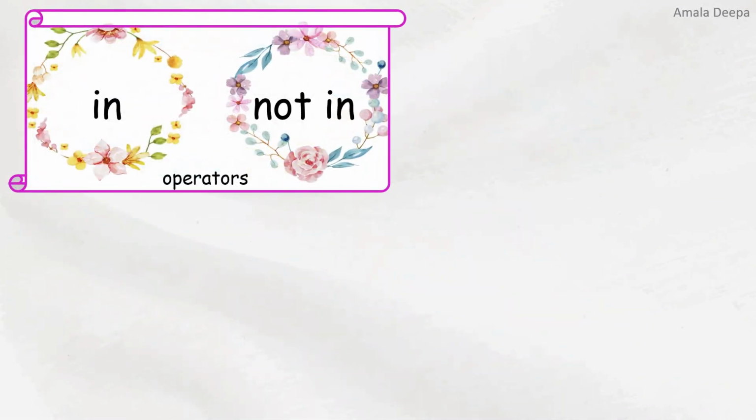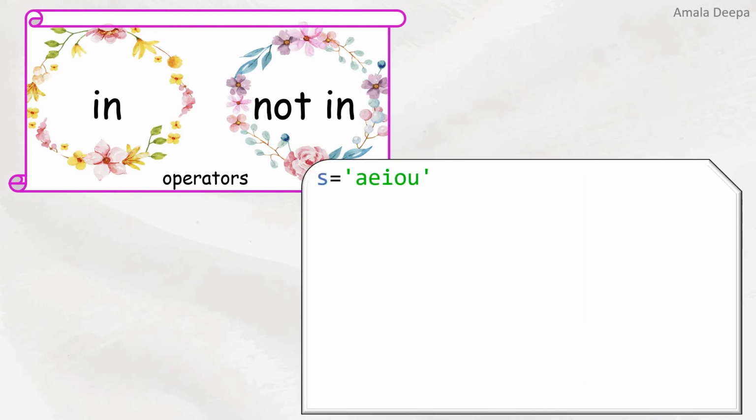Next we will see two operators, in and not in. Look at this example. I have taken the vowels in lowercase as a string and stored in S. S is equal to AEIOU. Now I am going to get the input of a letter.